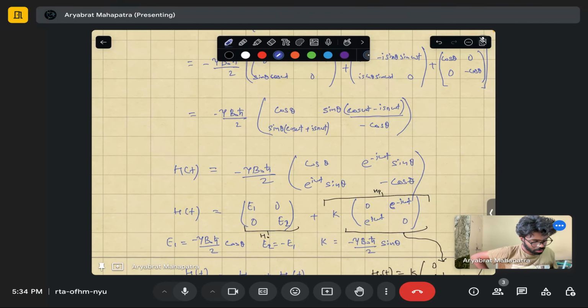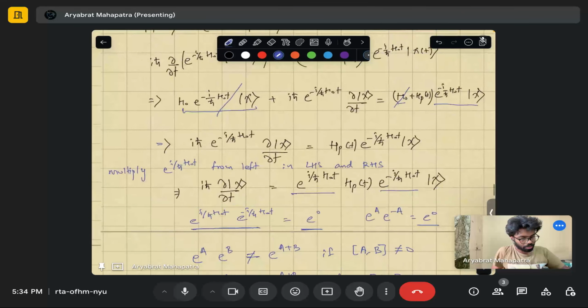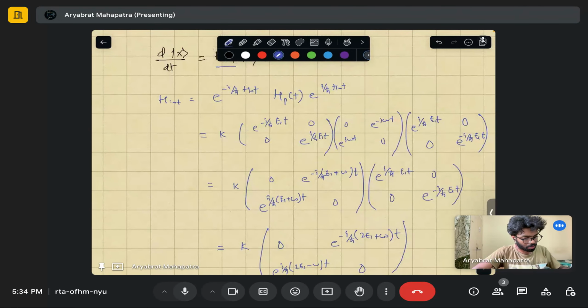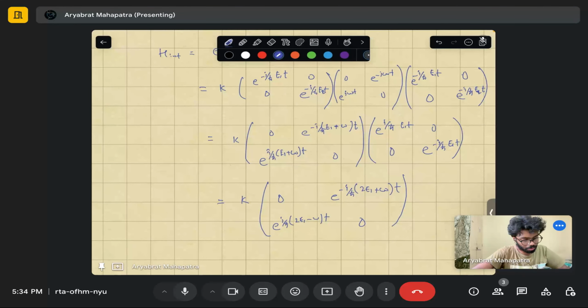Like this, E2 is minus E1. I can substitute at the end, but if I just keep E1 and E2, it is good to know the general form.